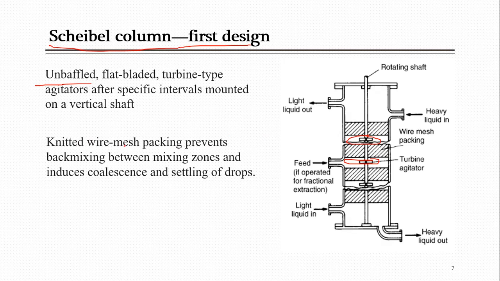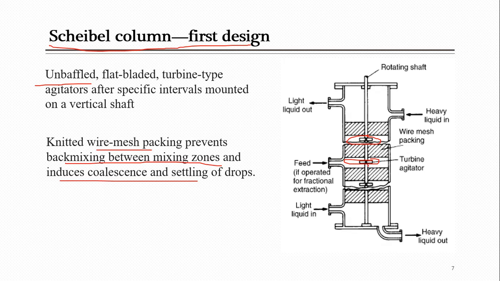Then these knitted wire mesh packings, you know, that is a packed column, so definitely it will contain some mesh, in the form of wire mesh. So they prevent back mixing, as we already discussed, that packing helps us to avoid back mixing, and they also help induce coalescence and settling of the droplets, which are just created from here.